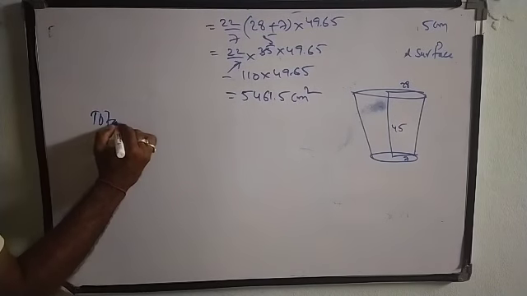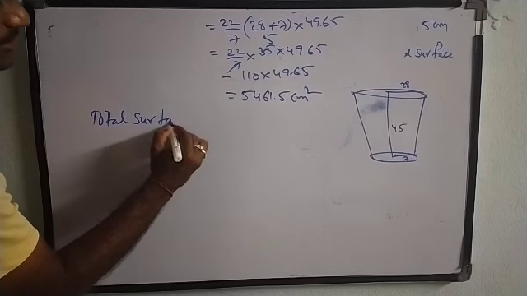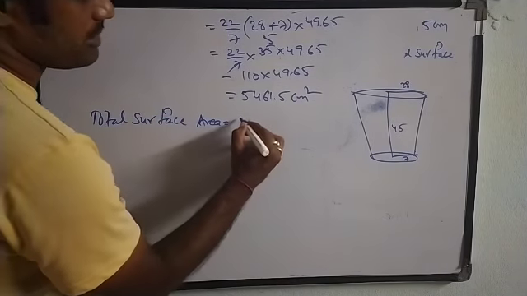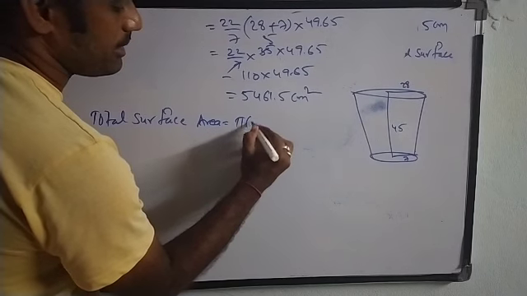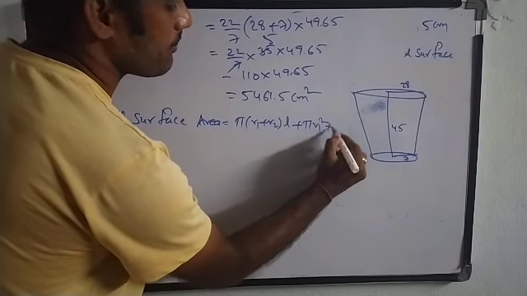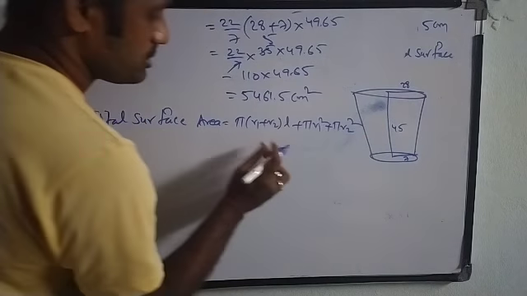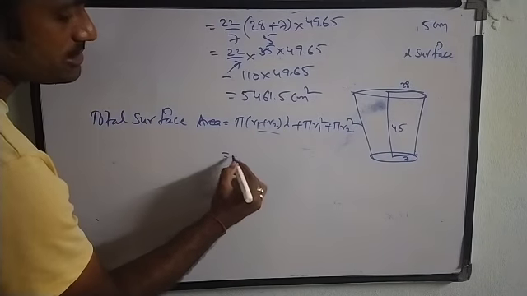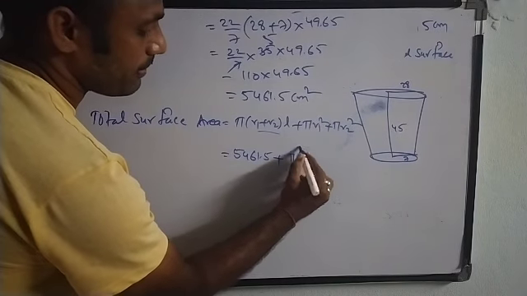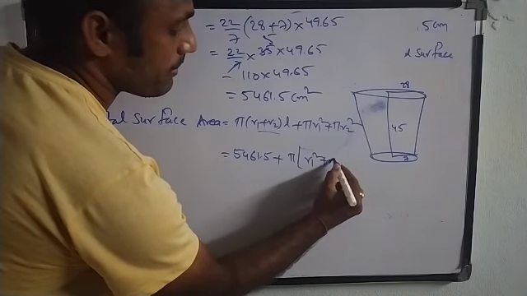Next, total surface area. The total surface area formula is pi into r1 plus r2 into L plus pi r1 square plus pi r2 square. So already we have found this value. Let us write it as it is: 5461.5 plus, let us take pi common, r1 square plus r2 square.